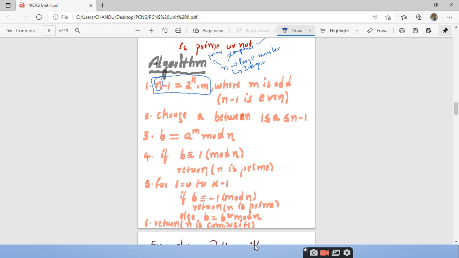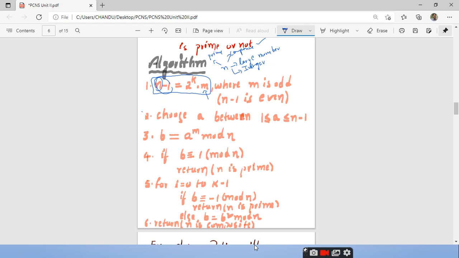You just remember it; I will explain the details when we come to the example. We keep dividing n minus 1 by 2, so we get a result of the form 2^k times m, where m is an odd number and n minus 1 is an even number.